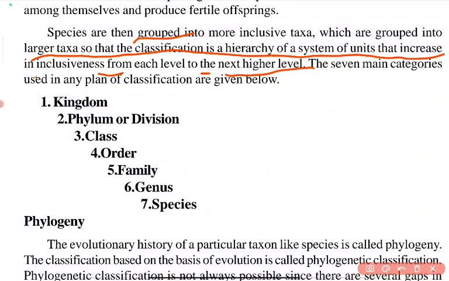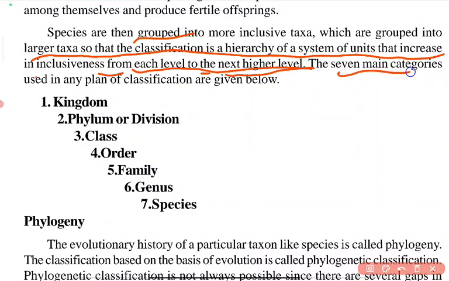So first thing है यहाँ पर कि these species are again divided into different taxa so that they can be classified easily and they can be understood easily. Okay, so they are higher level, from each level to higher level.